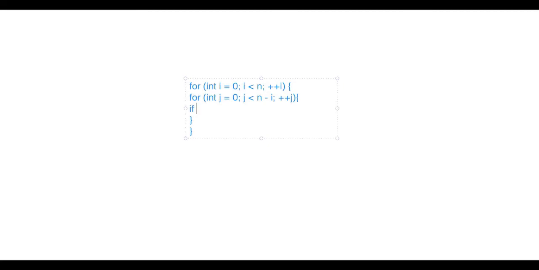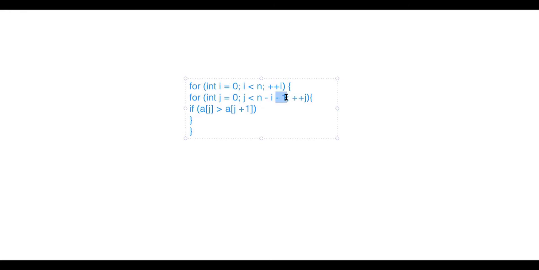So here we will do one more thing. It will be just n minus i minus 1 because we are comparing two elements. So if a of j is greater than a of j plus 1, did you understand why we did this minus 1 thing here?